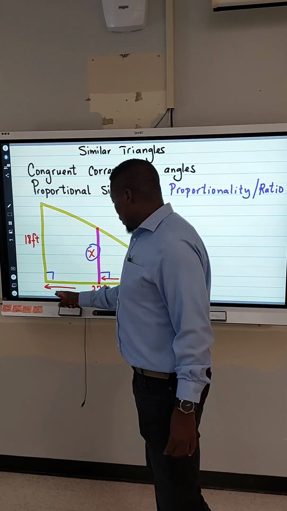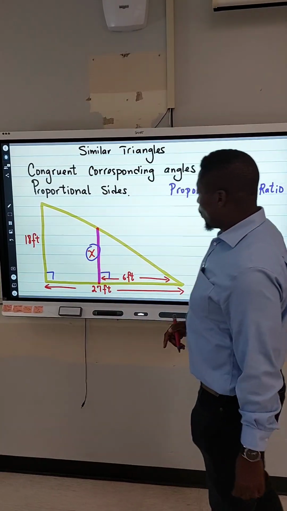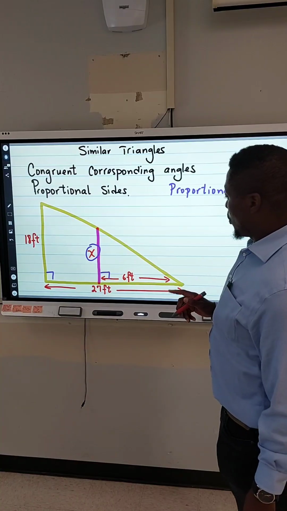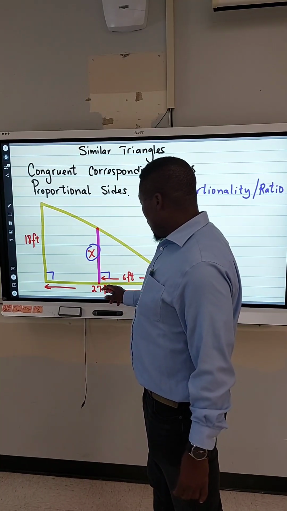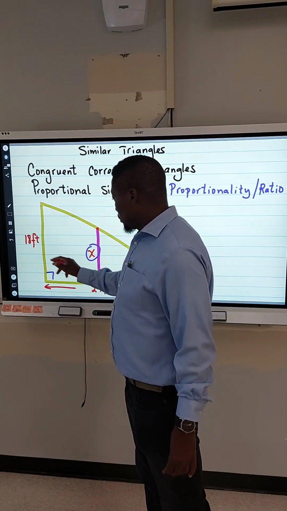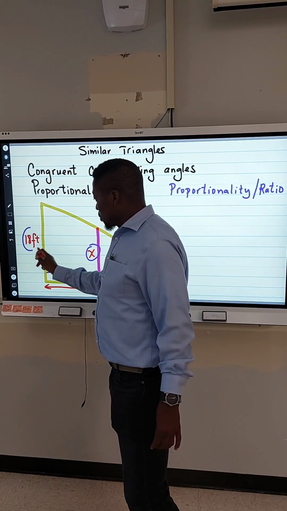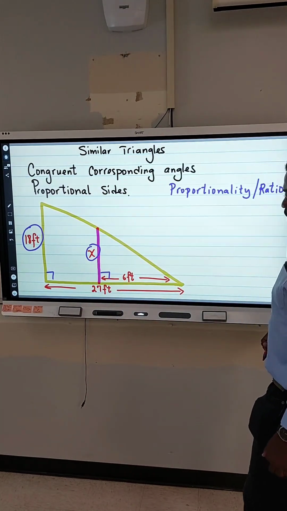For the bigger triangle, we know both the base and the height. So the corresponding sides will be the base of the smaller triangle and the base of the larger triangle. Same thing, the height of the larger triangle corresponds to the height of the smaller triangle.